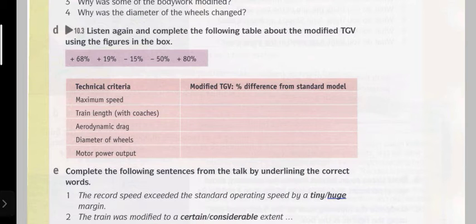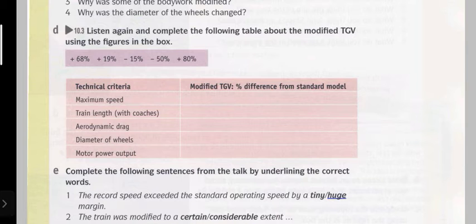The record speed exceeded the standard operating speed by a huge margin. It was 80% faster at its peak. So you would imagine that the TGV used for the record run was heavily modified. In fact, that wasn't really the case. The train was modified to a certain extent, but with a few exceptions. It was essentially just an ordinary TGV.